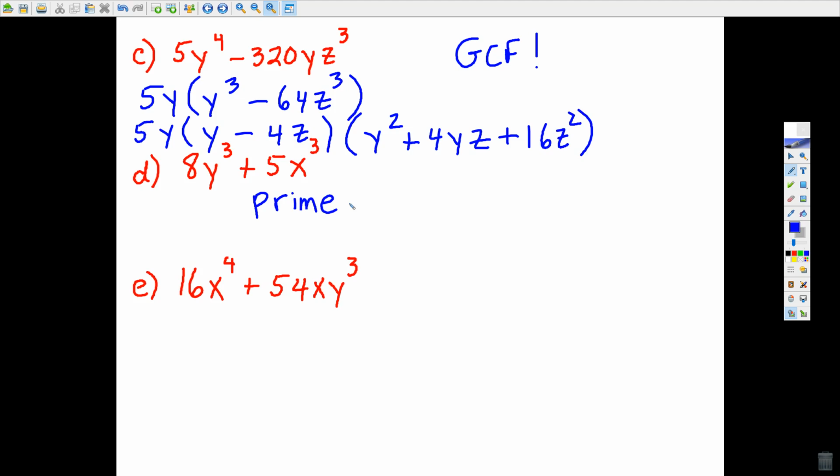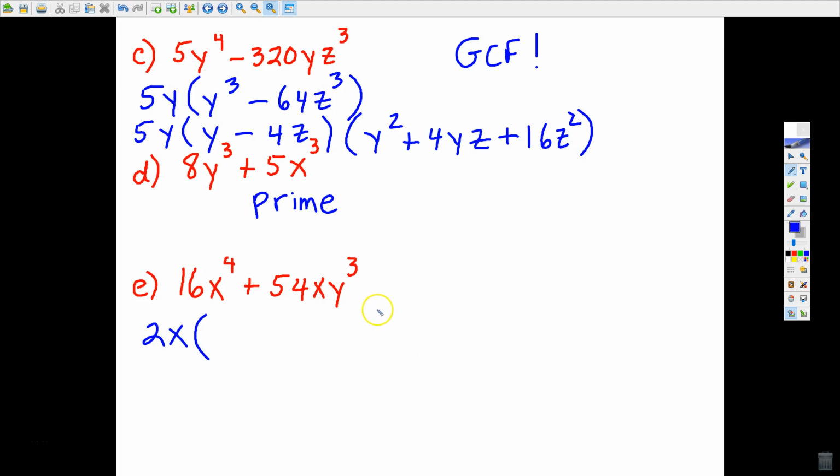Okay, letter E. BJ, is there a GCF? Does 4 go into 54? Nope. They're both even, so definitely 2, all right. And then what about a variable? Does the GCF contain a variable? Very good.